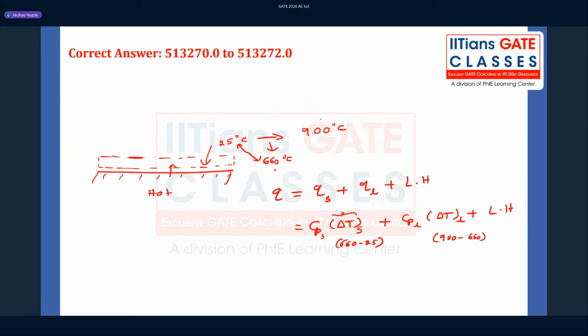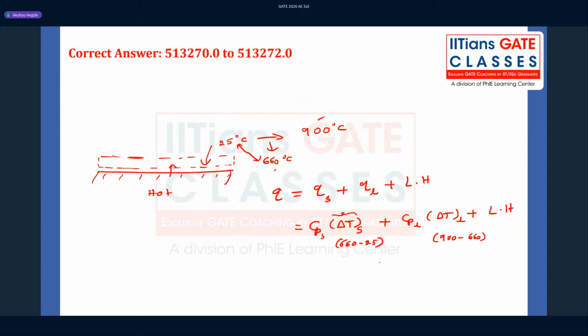So the final temperature is 900. Since we are taking a difference, converting to Kelvin or not is not going to change our answer. If I had a ratio, you would have to convert to Kelvin before moving forward, but in this case it is fine. Now we already have the latent heat per kg of system.